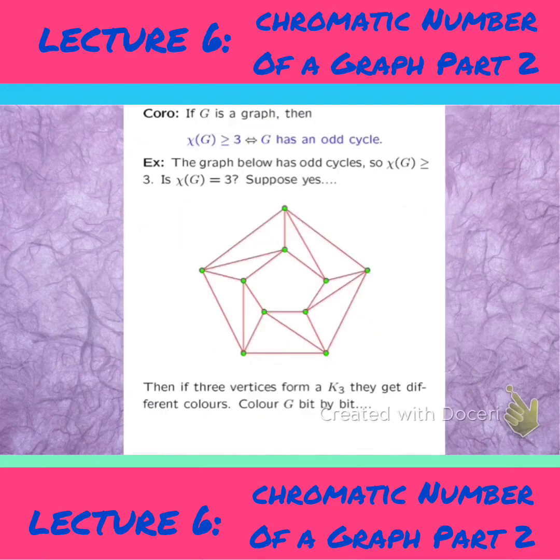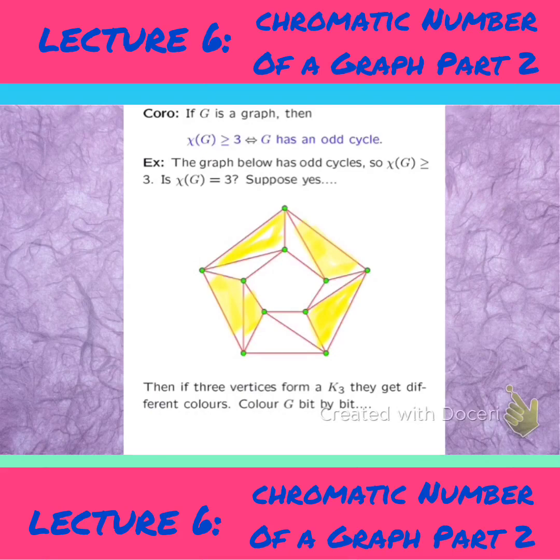This graph has quite a few odd cycles, right? So we know what the coloring on these 3-cycles needs to look like. We know they need to receive different colors.